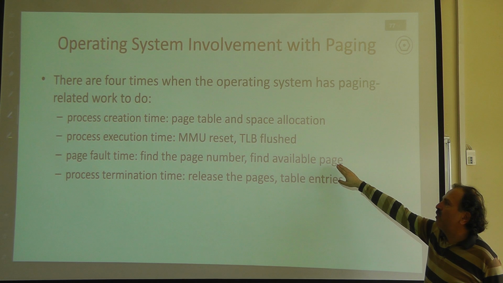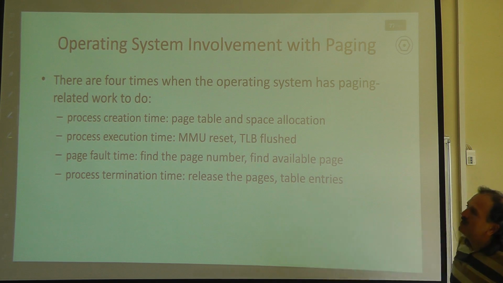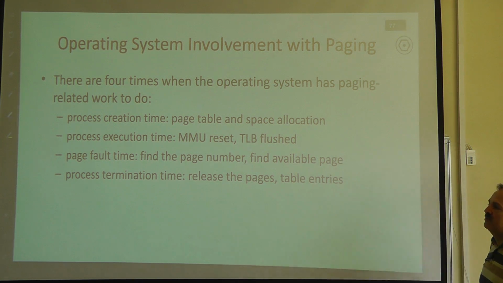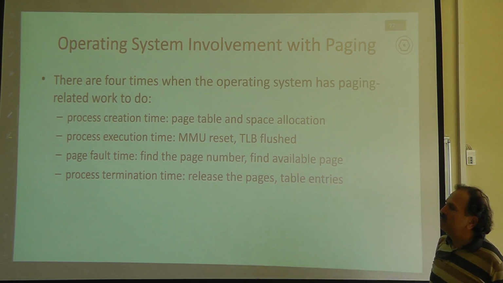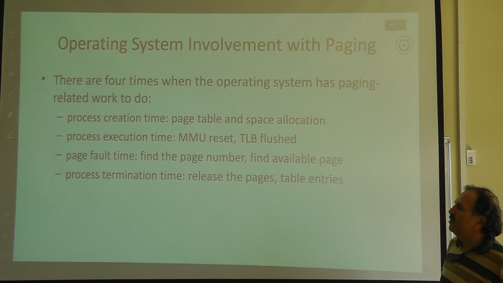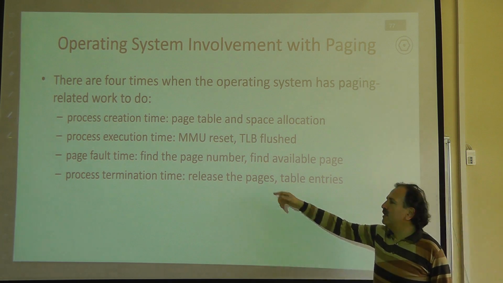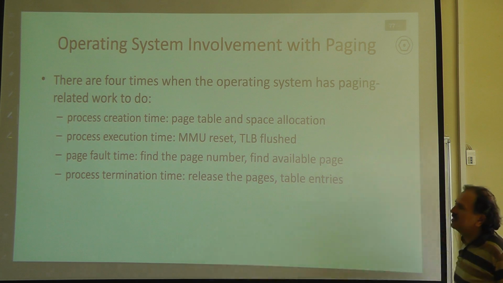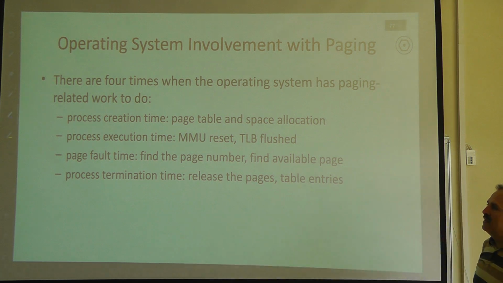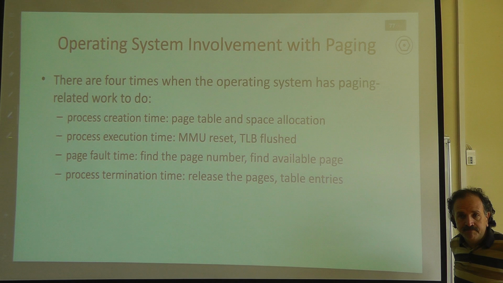So this page fault time uses these page replacement algorithms. And at the end, when the process dies, during the process termination time, we need to release all those page frames and table entries, etc.